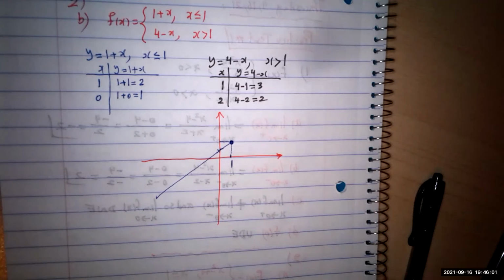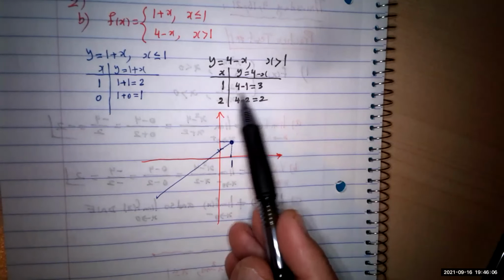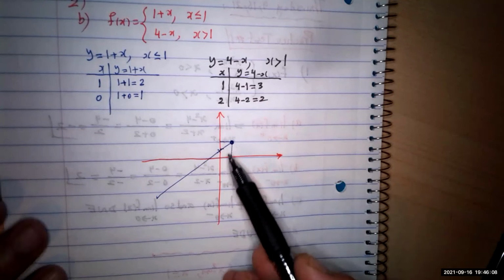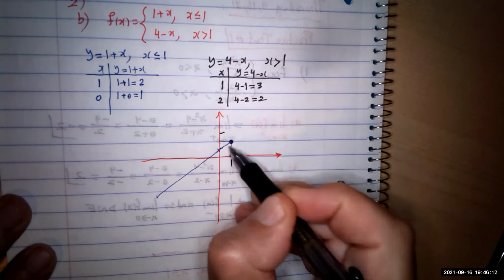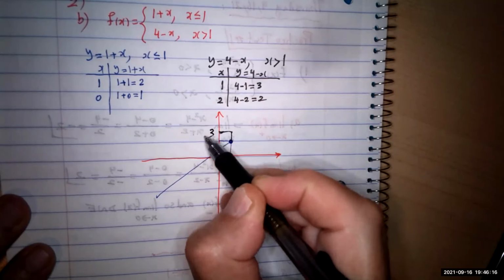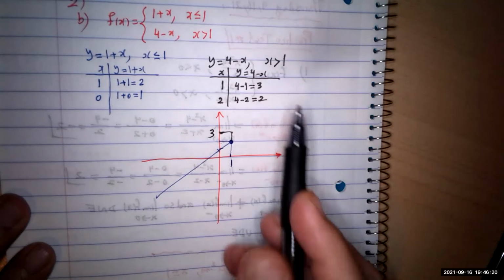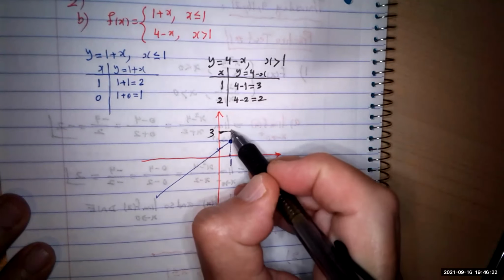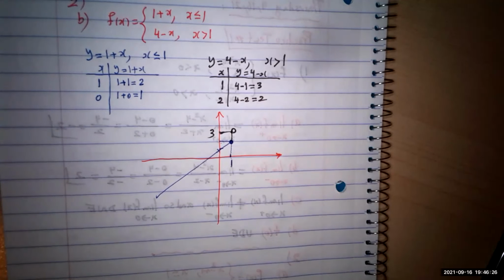Okay, now we go to the second part. The second part gives the points (1, 3) and (2, 2). The number is different, so there are going to be two pieces. The point (1, 3) is going to be here. Then there is no equality sign, so this point is not going to be a solid point. You have to make a hole. Remember, you cannot have two solid points at the same time.